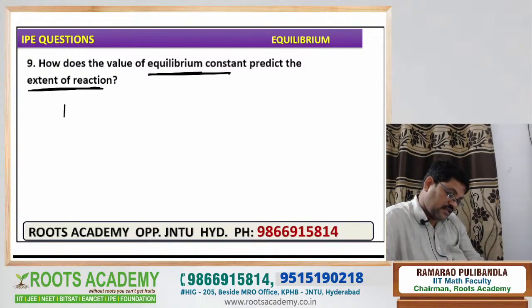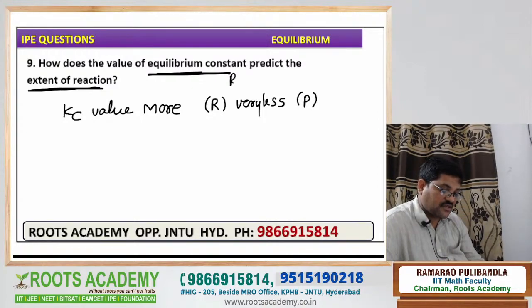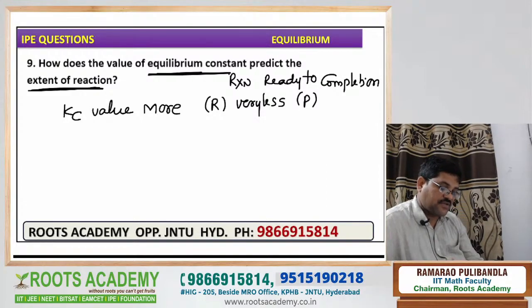For a given reaction, if the Kc value is more, the concentration of the reactants is very low compared to the concentration of the products. The reaction goes to completion.